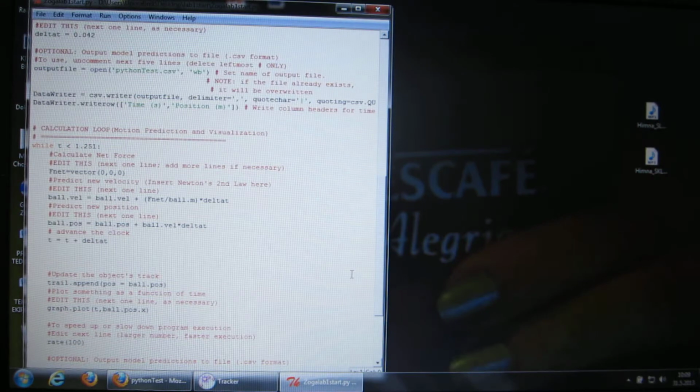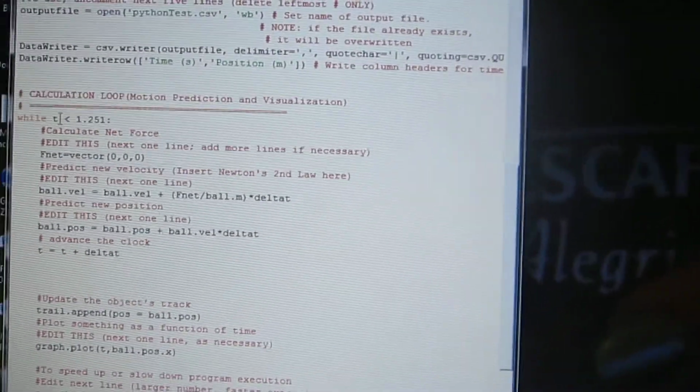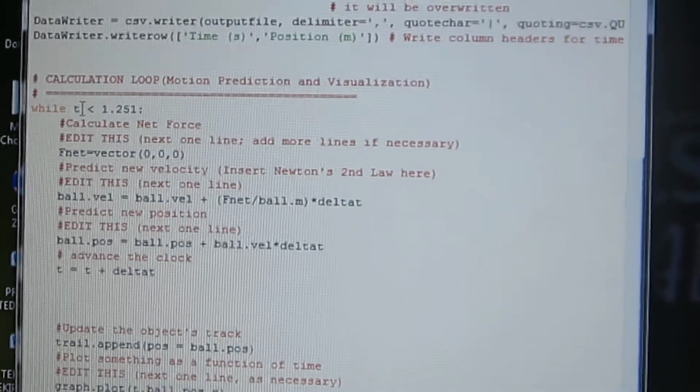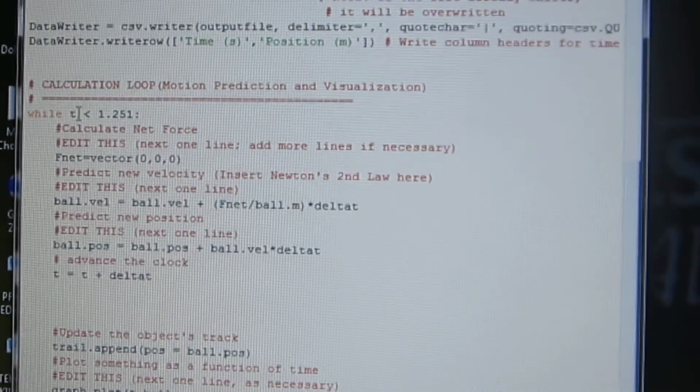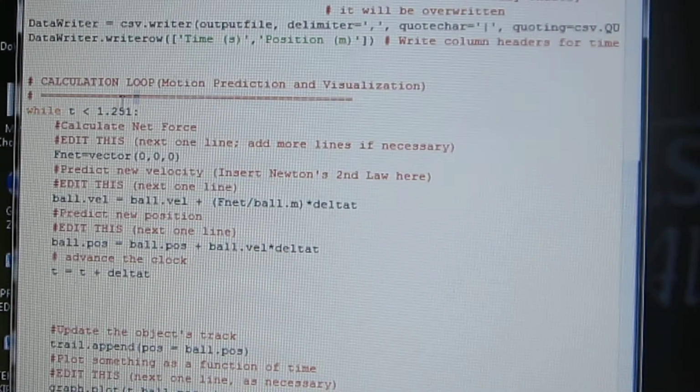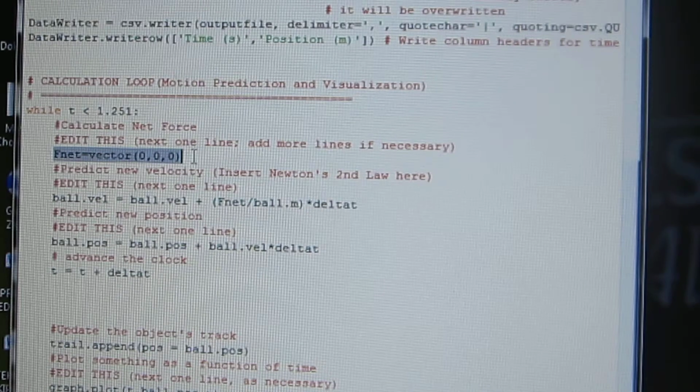Then I made a theoretical model in Python. My experiment lasted a little more than 1 second. Force is equal to 0.